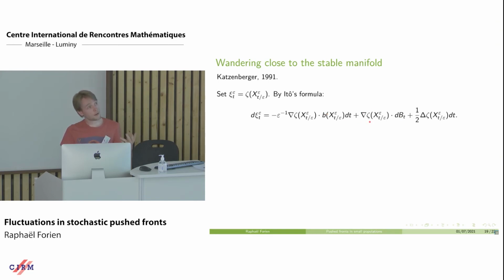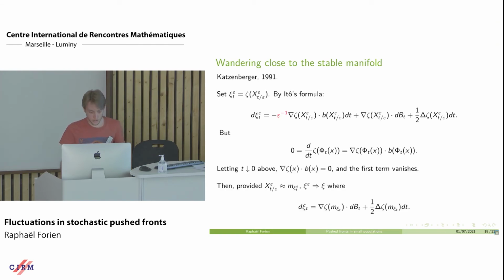The second term is a martingale term. It comes from the noise. And this guy is the Ito correction term. And so both these terms are now order 1 because I've sped up time the right way. And I have this nasty term in the front that I would like to get rid of. And in fact, we can get rid of it because we've chosen the right projection on the manifold, essentially.